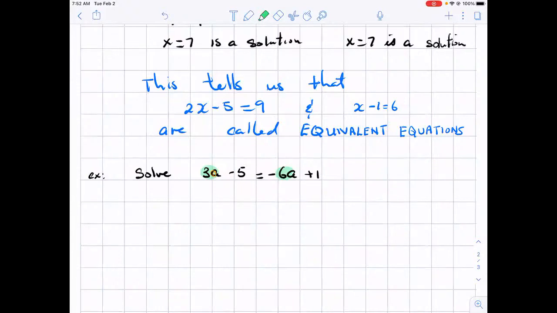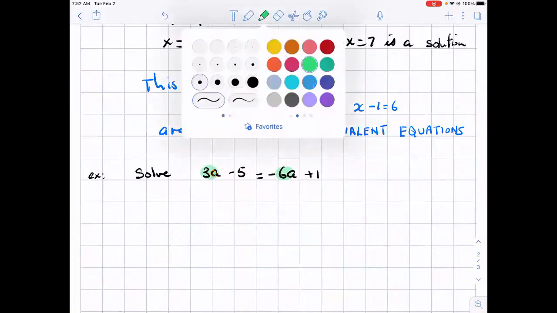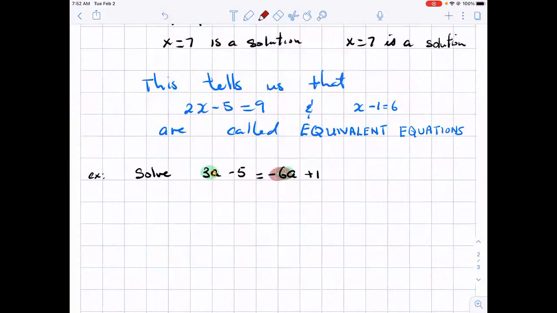Generally, it does not matter. What I like to do, I always like to move the variables first, and I always move the smaller variable. So a suggestion is to move the smaller variable. In this example, minus 6 is smaller than positive 3.